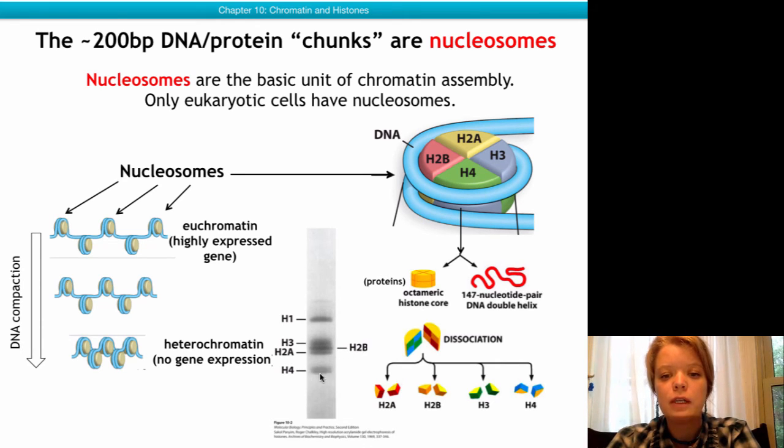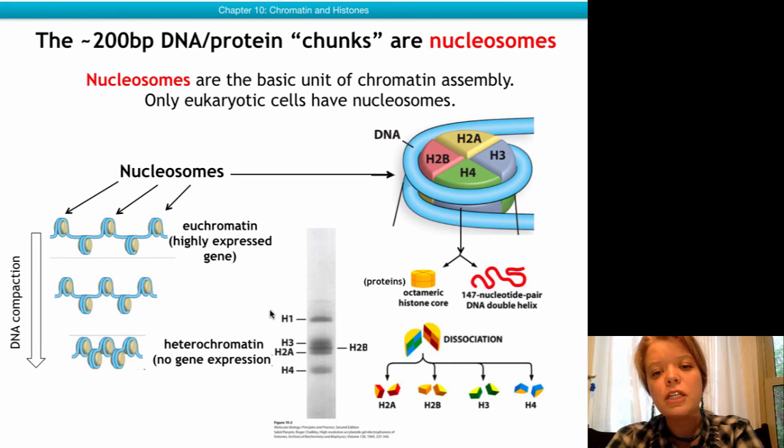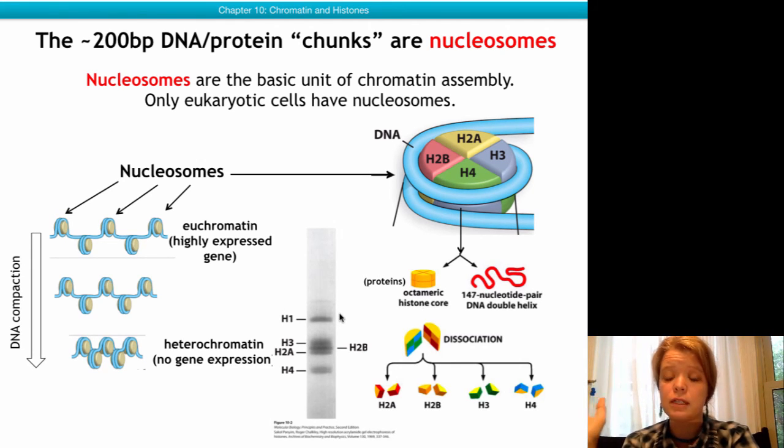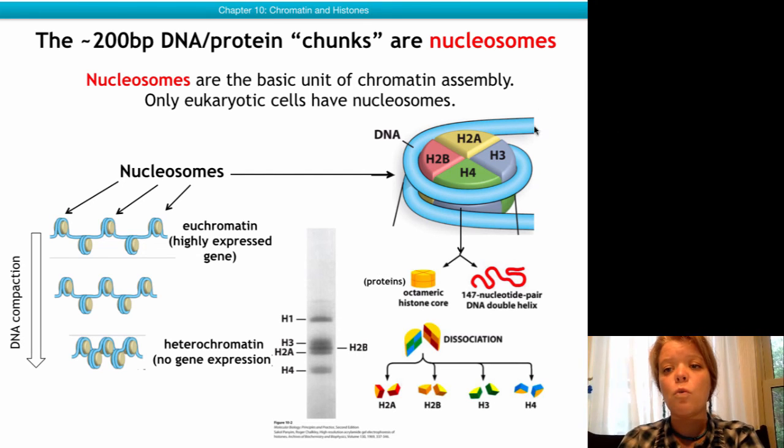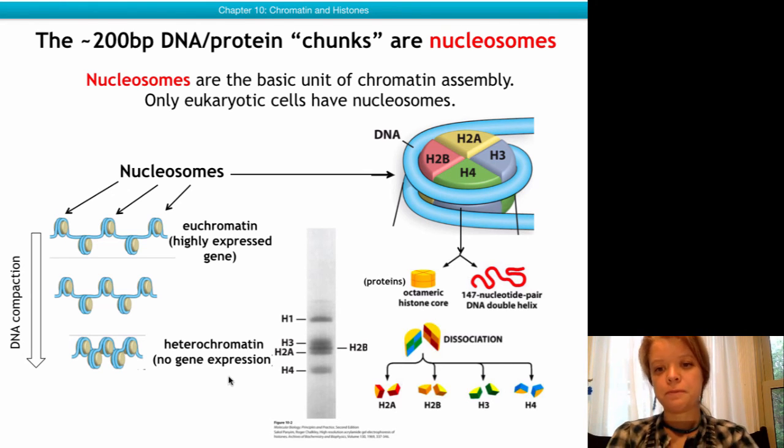H3 is slightly bigger than H4. Faster things are smaller, slower things are larger. And then there's the H1 protein, which we're not going to discuss in class because it is not part of the histone spool, but it associates with the spool and helps convert euchromatin into heterochromatin. There's a lot more H1 inside heterochromatin nucleosomes, but that's more than I'd like to cover in this class.